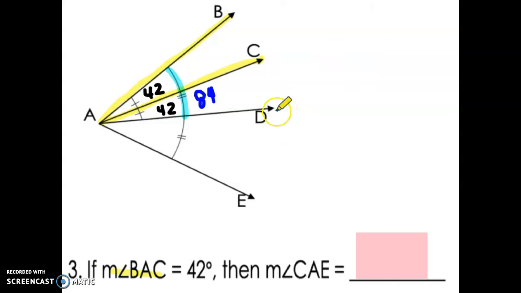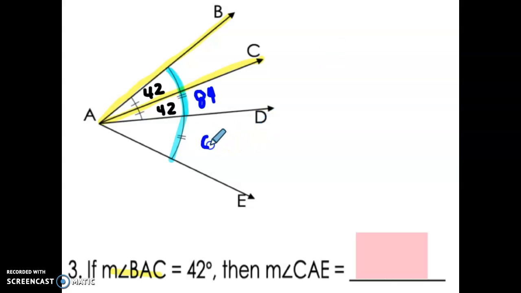So that would mean that angle DAE is also 84 degrees. I'm going to highlight this angle in blue because it has 2 congruency markers, so we know it's also 84 degrees.